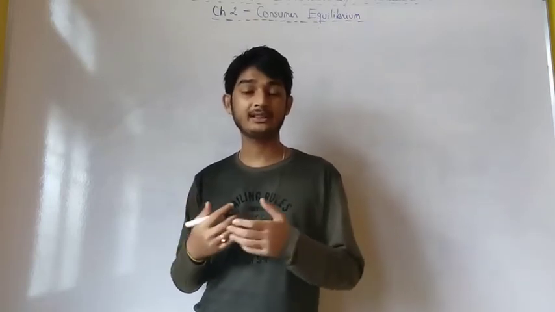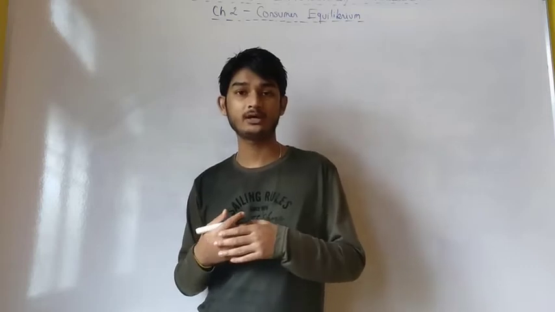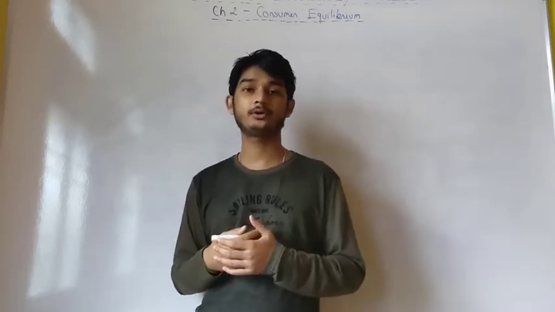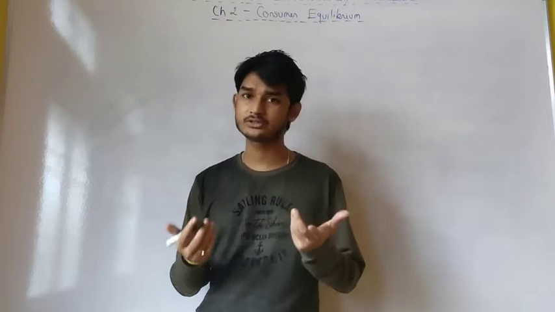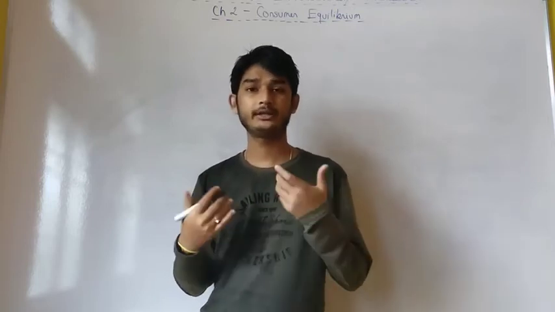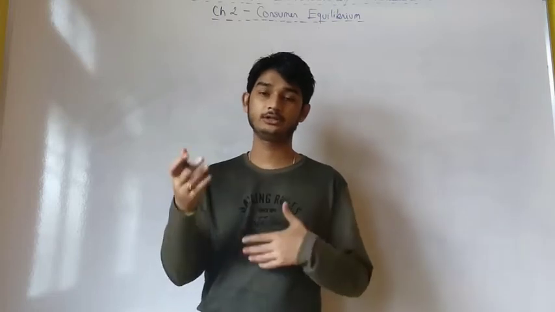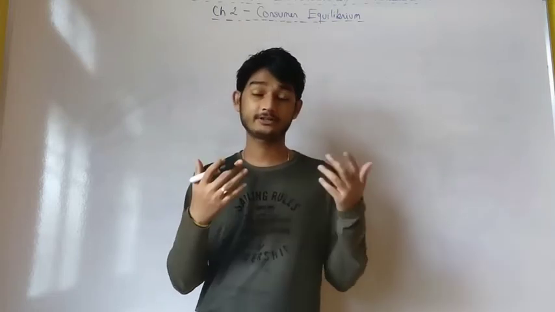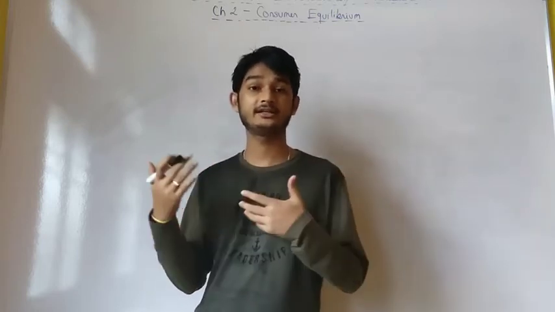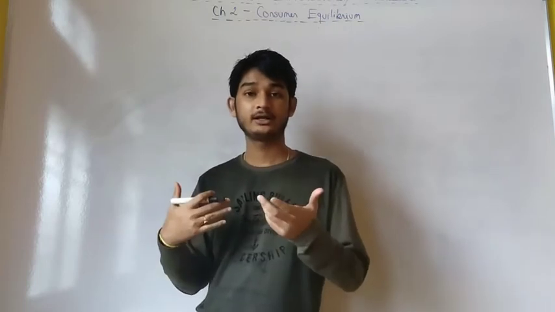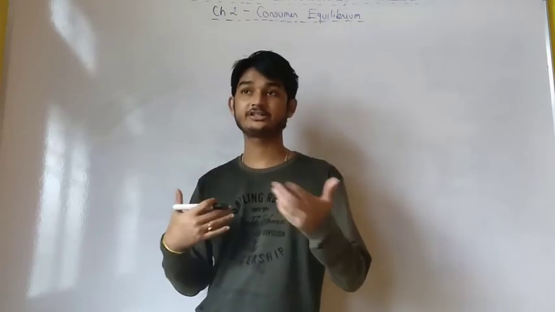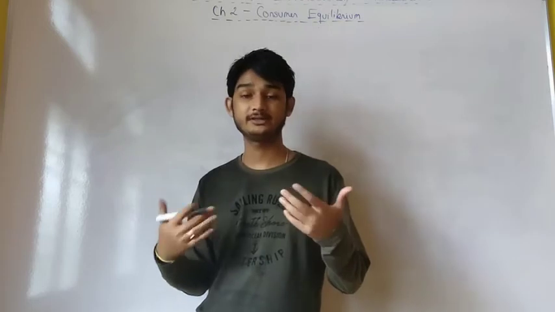In our last video we talked about a few basic concepts of consumer equilibrium, like who is a consumer, what we mean by utility, what we mean by cardinal utility, and the distinctions between usefulness and utility.